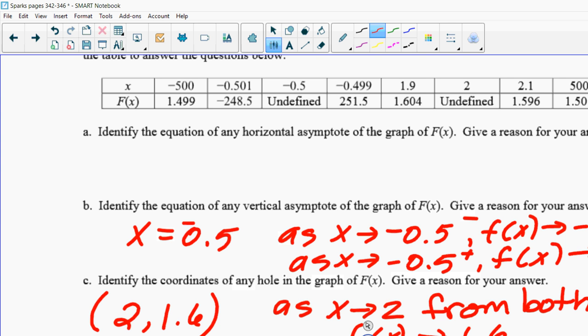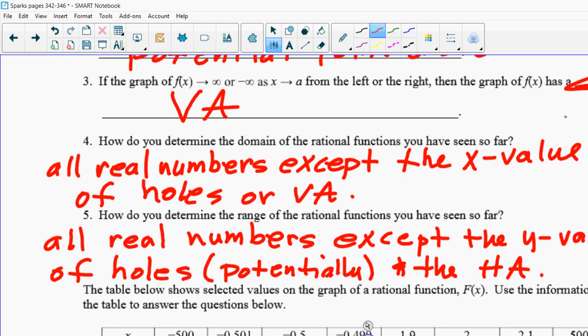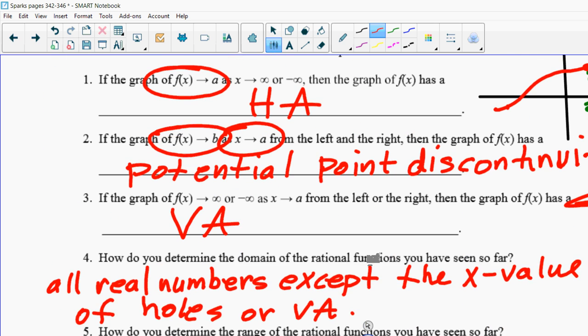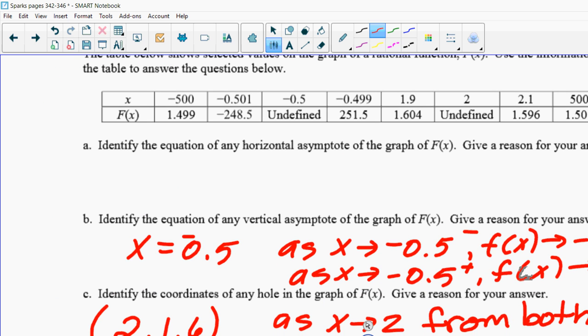A. Identify the equation of any horizontal asymptote. How do you determine a horizontal asymptote? If the graph approaches some number as x approaches infinity or negative infinity. So we're going on the ends. I want you to look at, as x is going this way and as x is going this way, what do you see about the y value?